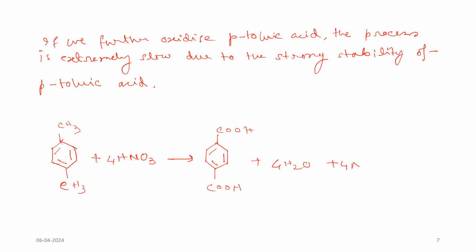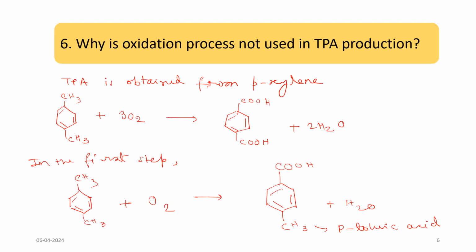Okay, because nitric acid is very potent oxidant, so then paraxylene can do the oxidation step to produce the TPA. Okay, so this is the process.